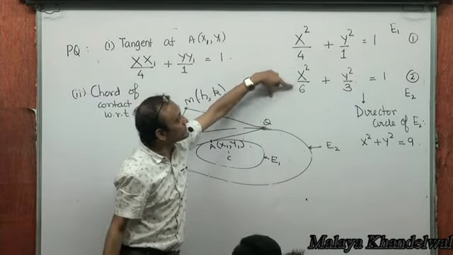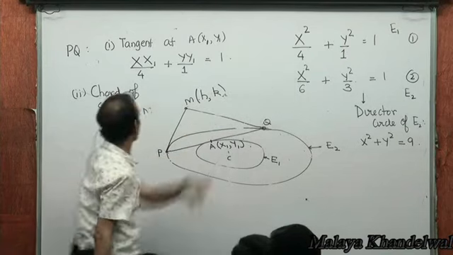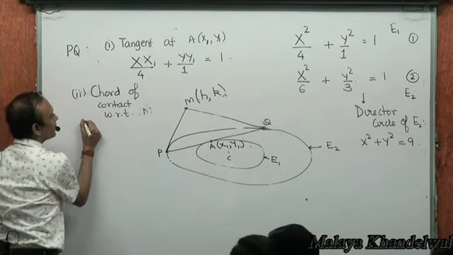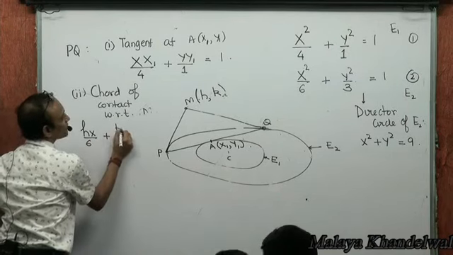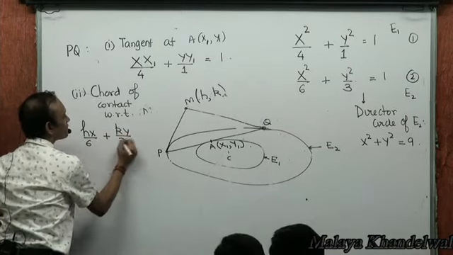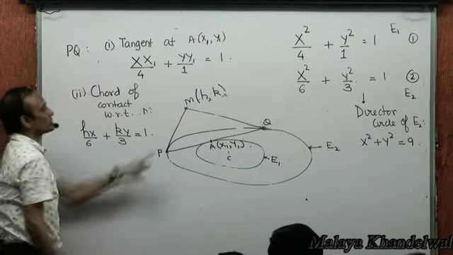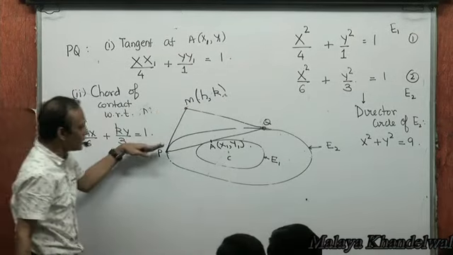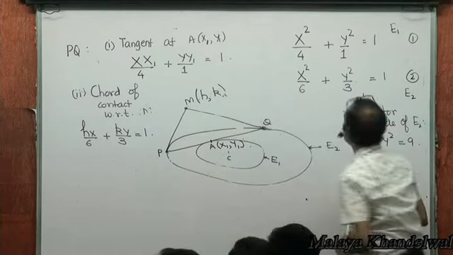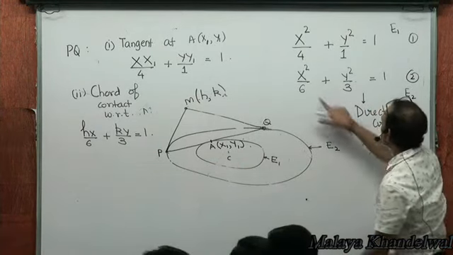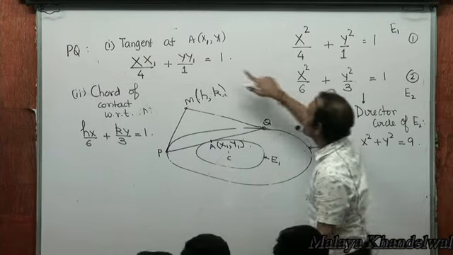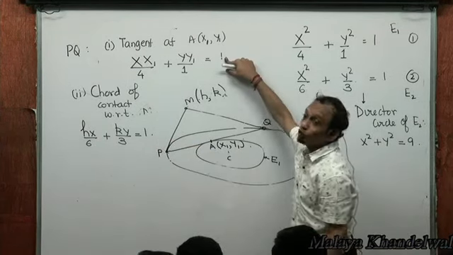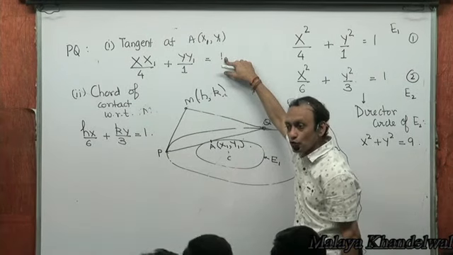For the outer ellipse, I have hx by 6 plus ky by 3 equal to 1 as the equation of the chord of contact with respect to h, k of this outer ellipse E2. Now this and this both represent the same line PQ.